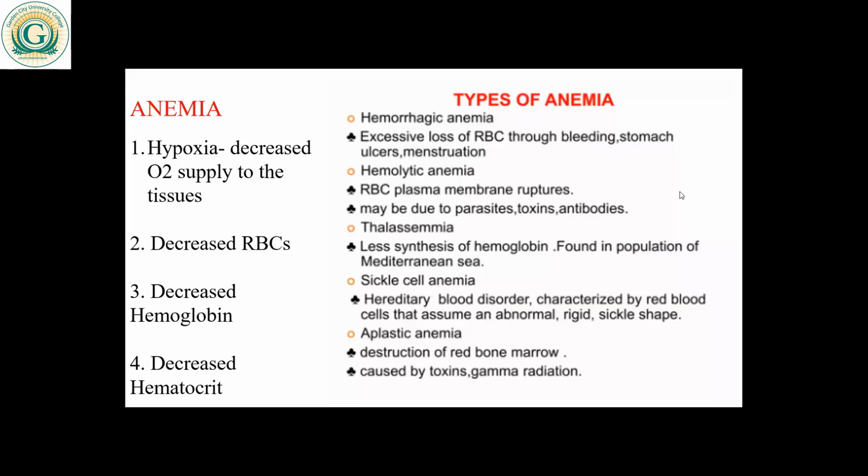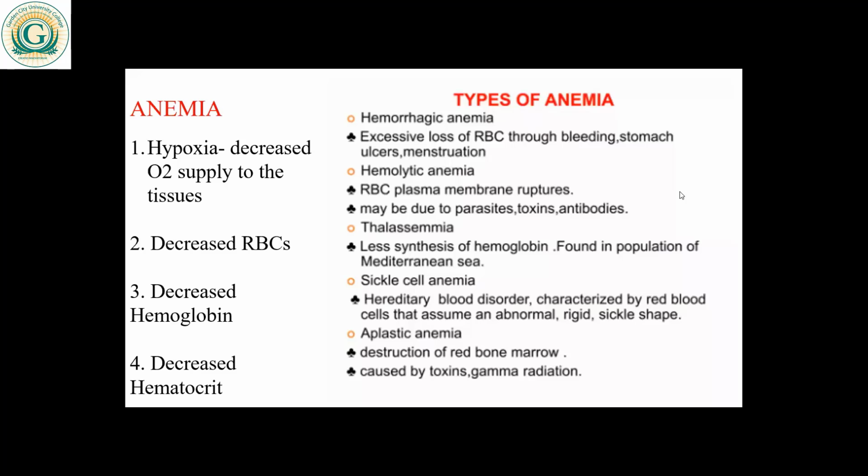And that can be as a result of infections, parasites, toxins, and the common infection that we all know of that causes reduction in red blood cells is malaria infection. So these parasites invade the red blood cells and then rupture them. Therefore, you tend to reduce the number of red blood cells found inside the blood.